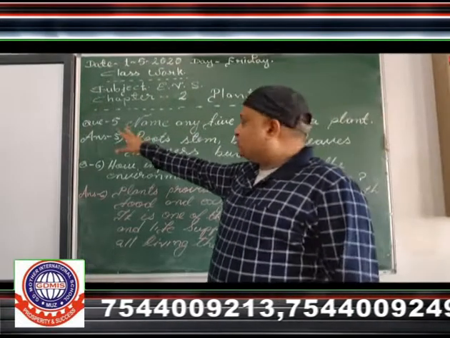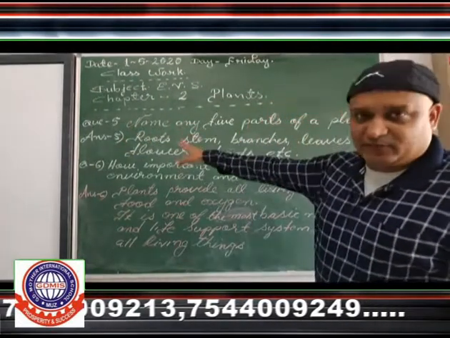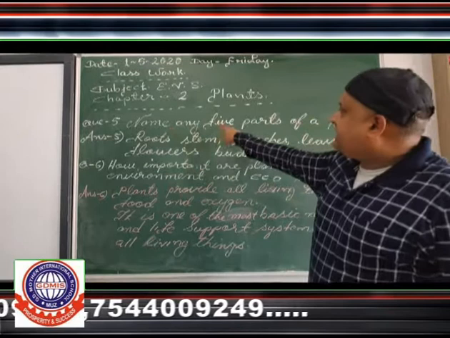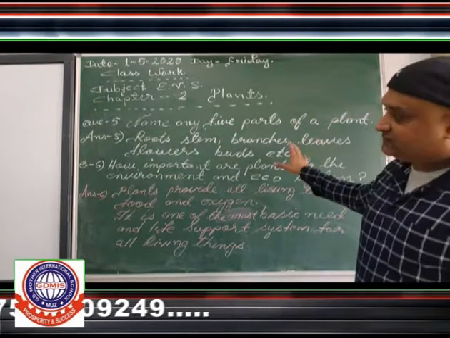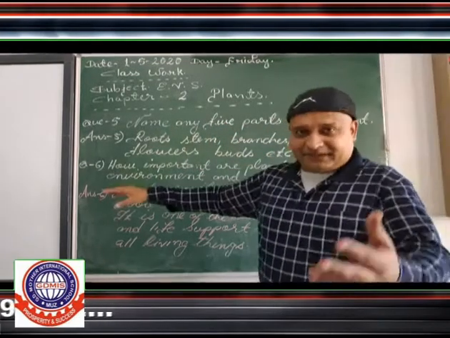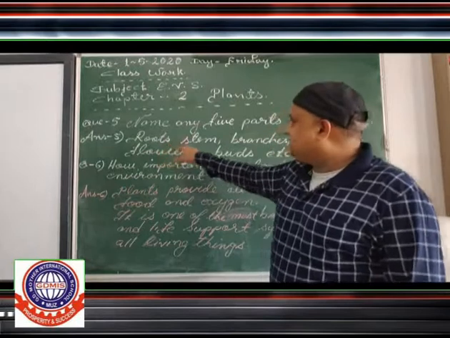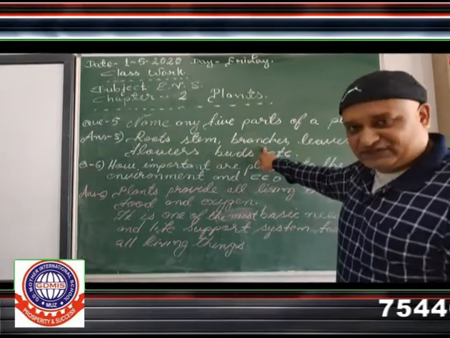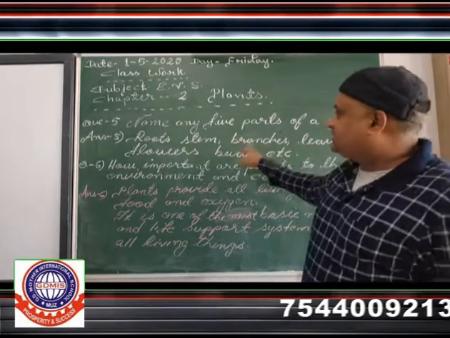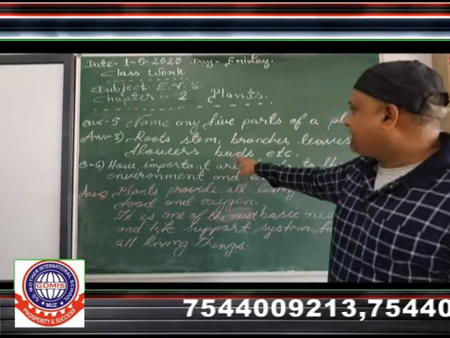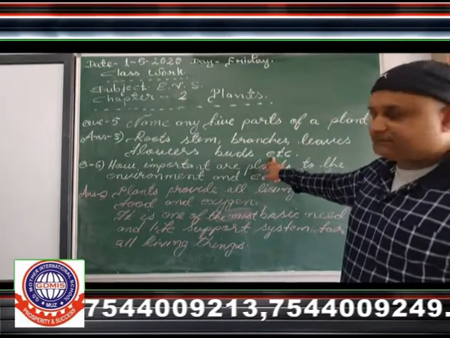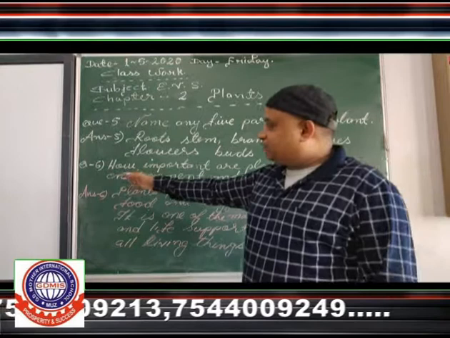Okay, now moving on to question number 5. Just look at the board. Name any 5 parts of a plant. For example, let's take roots, stem, branches, leaves, flowers, buds, etc. Now, see question number 6.